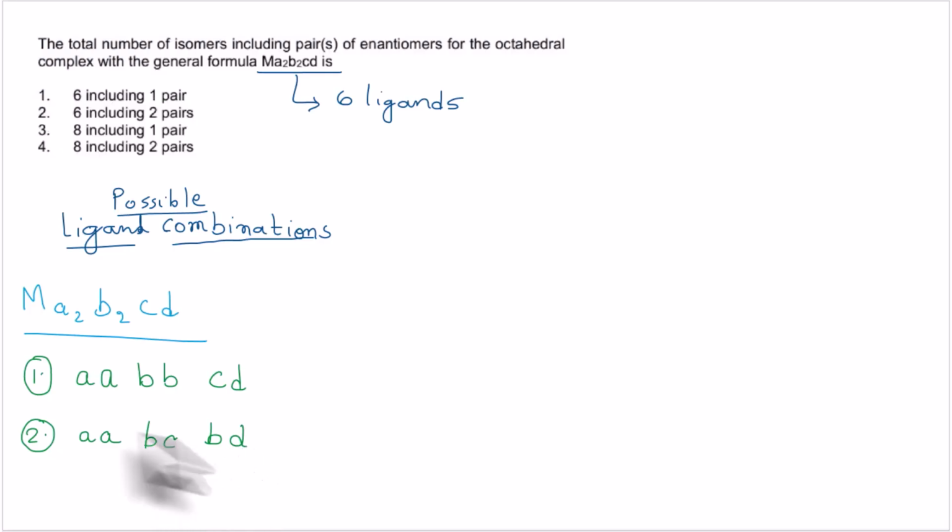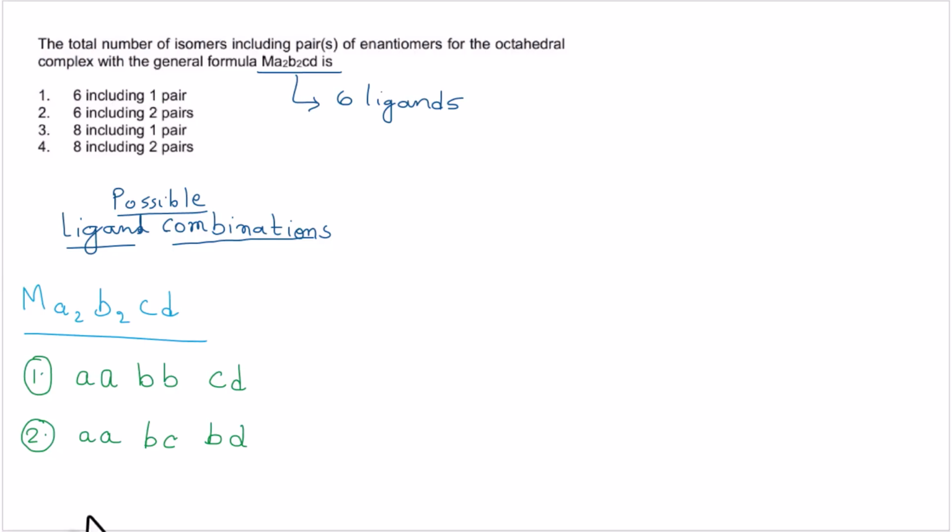So one more possibility. You have to just flip the ligands, exchange the position and form the new combination. And also you have to take care that these combinations do not repeat. They shouldn't be repetitive or redundant, so that will not be countable as a new combination.